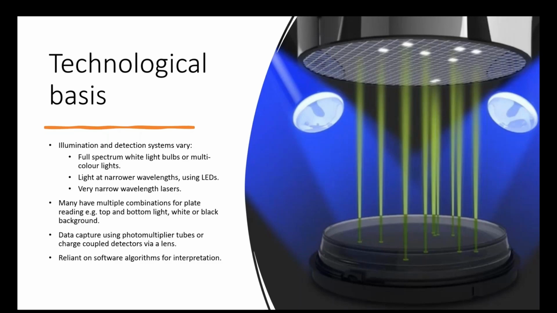There are also differences in the way that data is captured. So this could be a photomultiplier tube, for instance, or it could be a charge coupled detector with some form of wavelength selecting filters. Again, there are going to be differences in outcome that can arise from that as well.